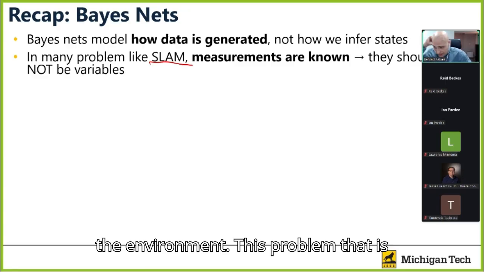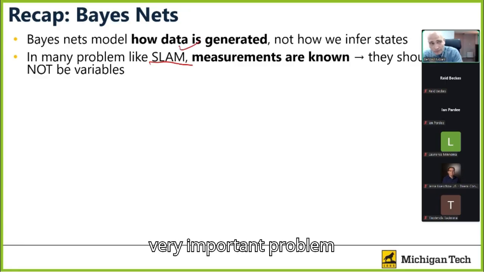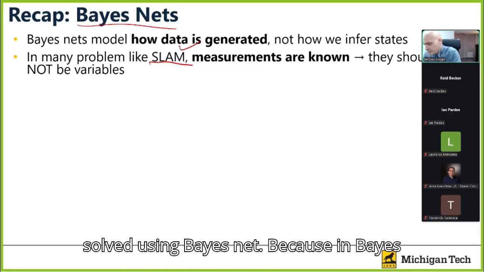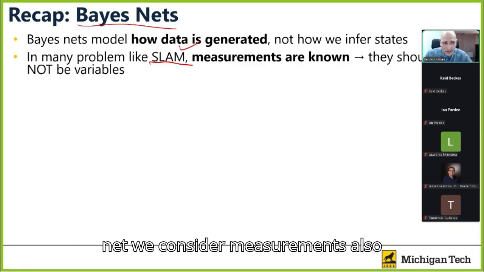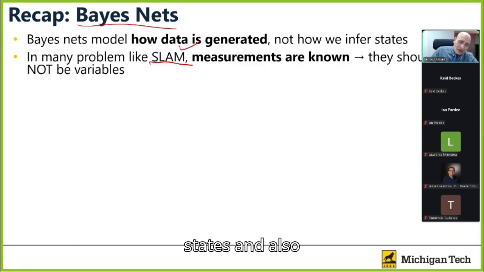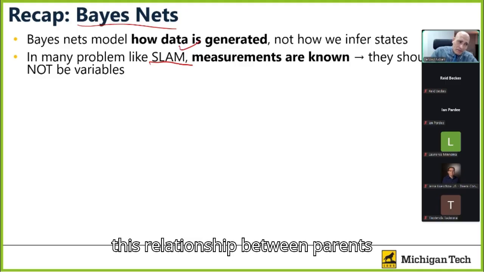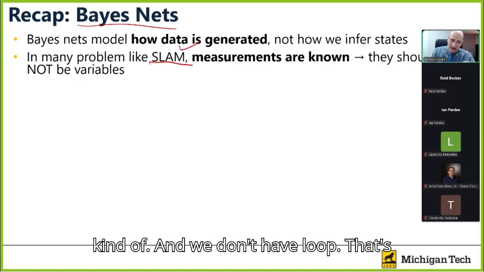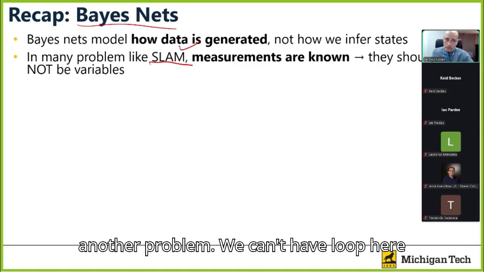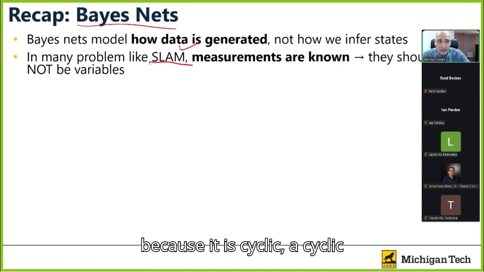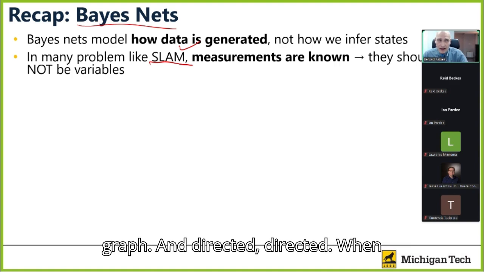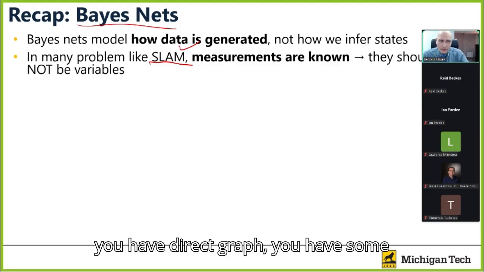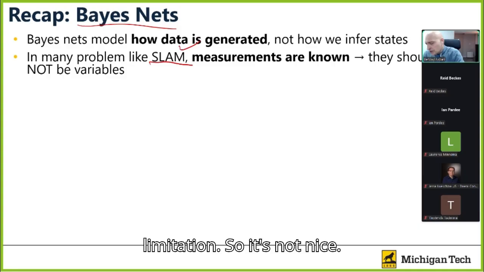This very important problem in robotics cannot be solved using Bayes net, because in Bayes net we consider measurements also as states, and this relationship between parents and children makes a mess. And we don't have loops. That's another problem. We can't have loops here because it's an acyclic graph, and directed. When you have a directed graph, you have some limitations. So it's not nice.